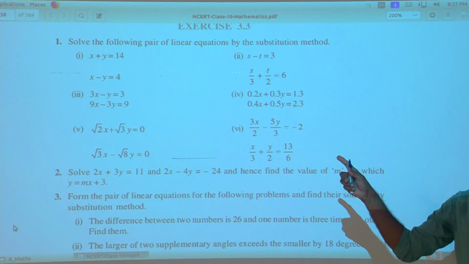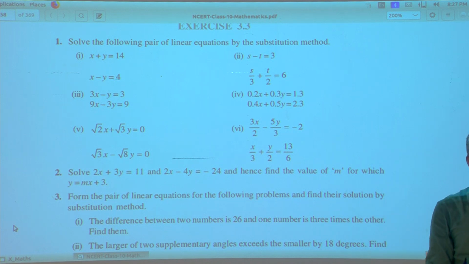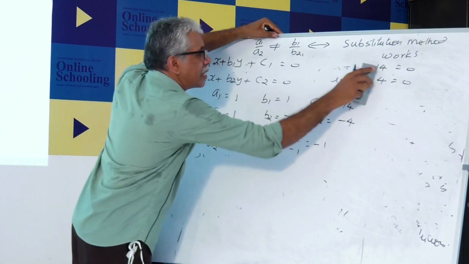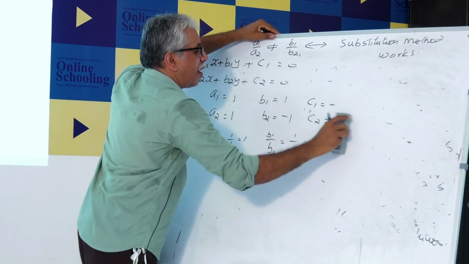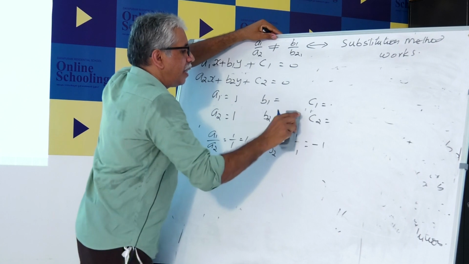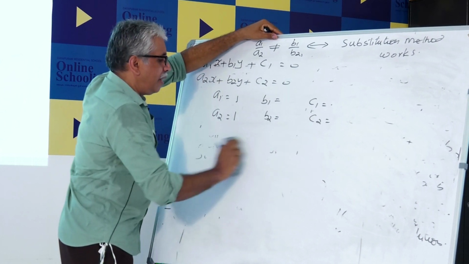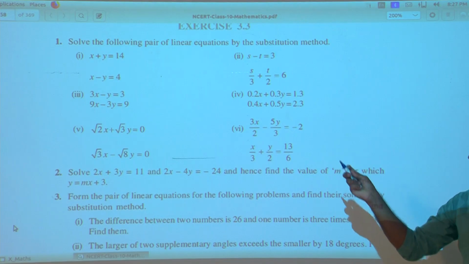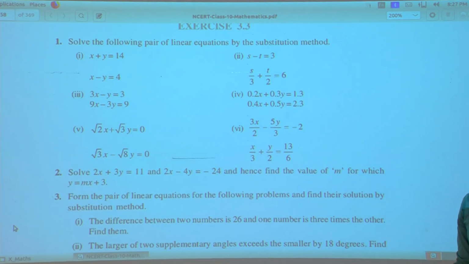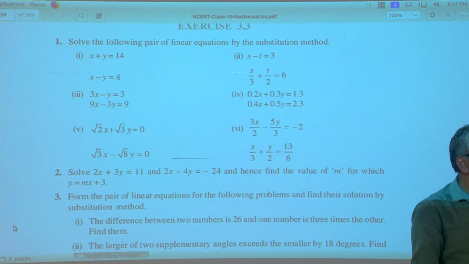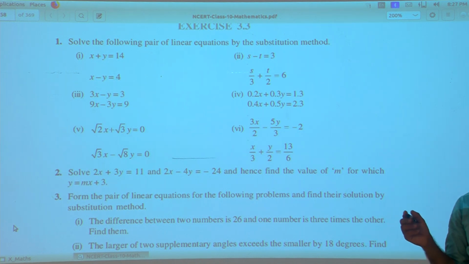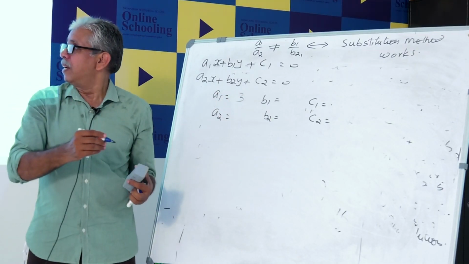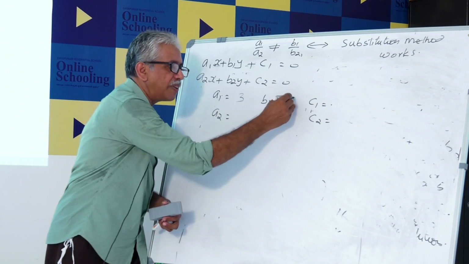Okay. Similarly, you look at the other questions also. For example, let us take the third question. In the third question, you can find out the values of a1, a2, b1, b2, c1, c2. So, the third question can be read as 3x minus y equal to 3. So, when you have 3x minus y equal to 3, what is a1? a1 is 3, and what is b1? b1 is minus 1, the coefficient of y.